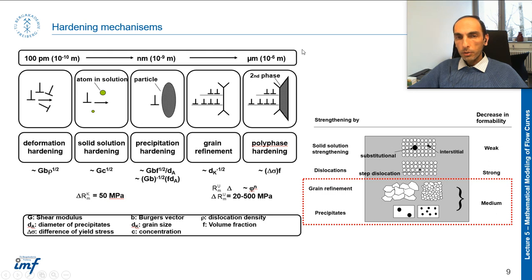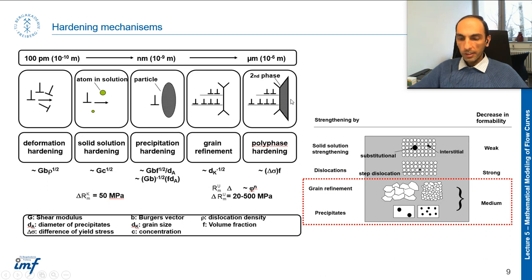And the biggest scale is the micro scale. In the micro scale, you have a second phase, and this phase can play the role of a barrier or obstacle in front of the dislocations, and it can increase the flow stress. So in this case, not only the fraction of the phase is important, but the difference between the yield stress of the matrix and this second phase is important.